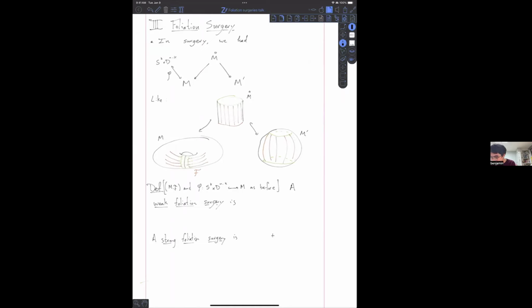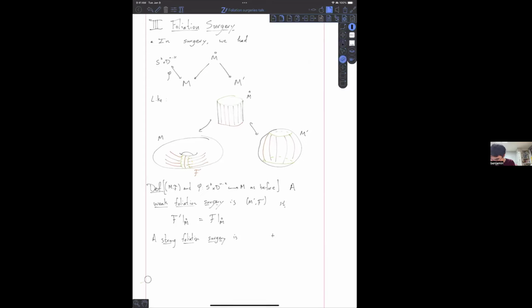We say that a weak foliation surgery is any foliation F prime such that its restriction to the open region is equal to the restriction of the original one. That's what this picture is supposed to be getting at.